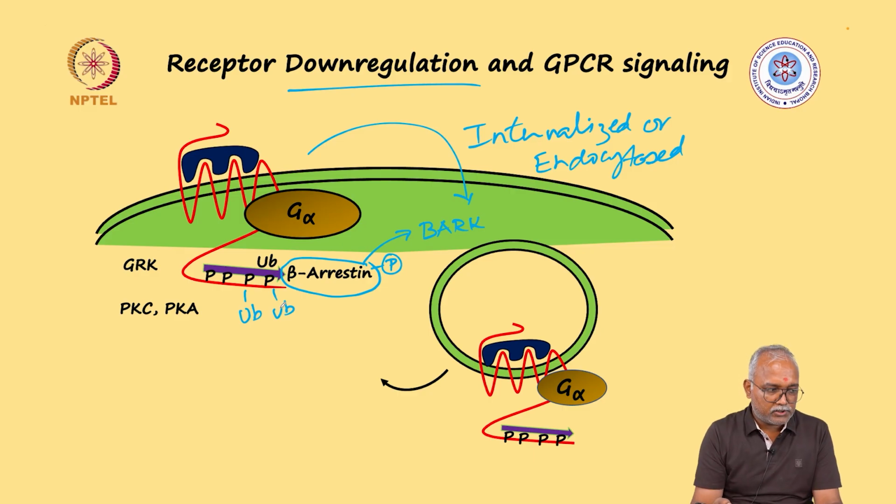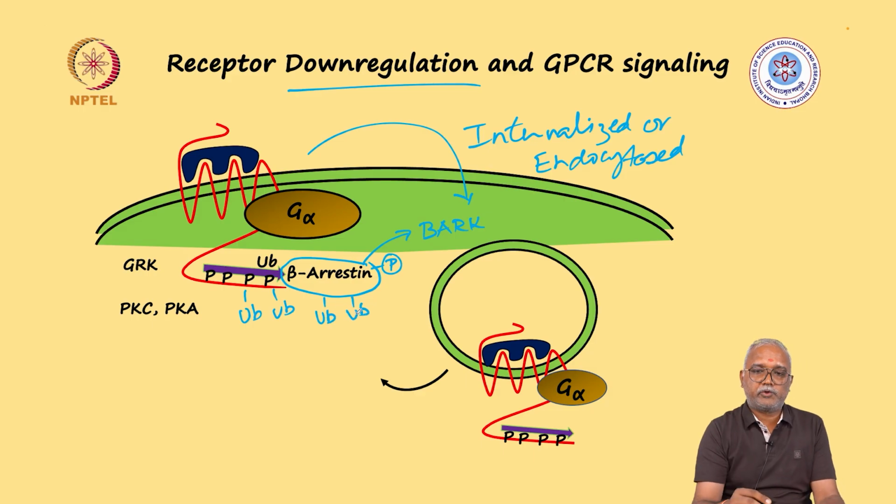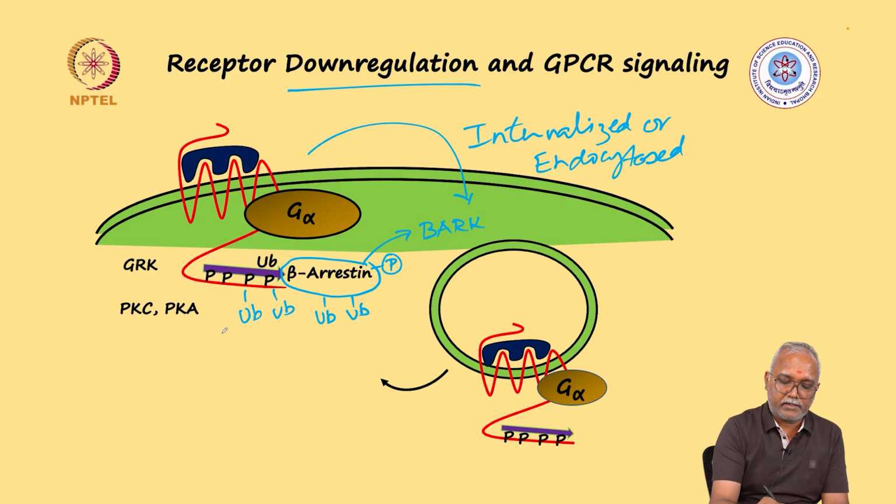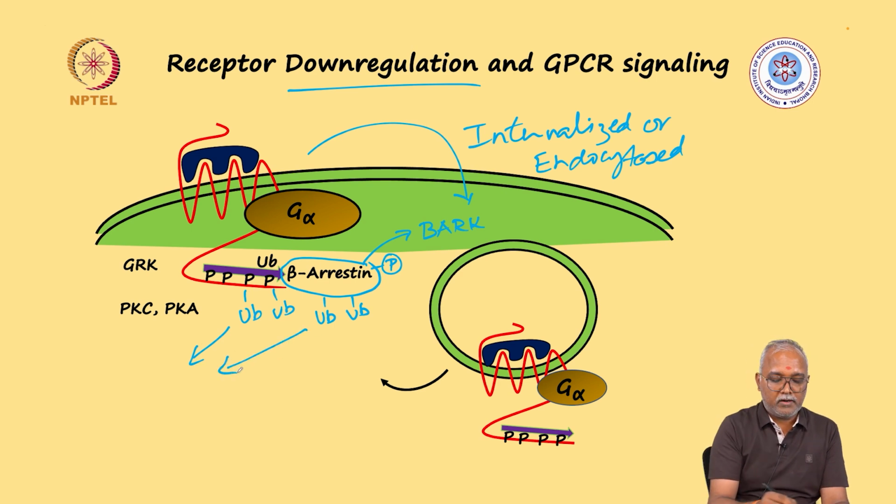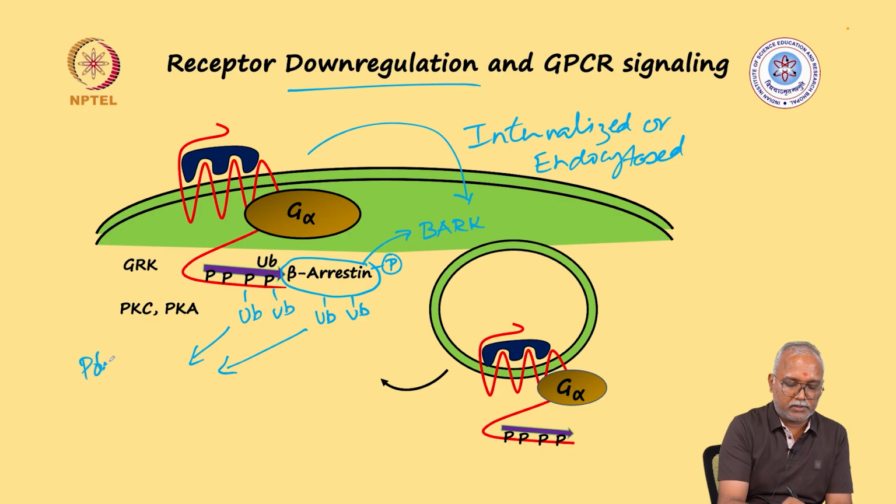Now this ubiquitination, what exactly will it do? The ubiquitination of receptor as well as arrestin will be a signal for the downregulation of the receptor. Here you would notice that when the terminology ubiquitination comes to mind, we always think about polyubiquitination, and this is a degradation signal.